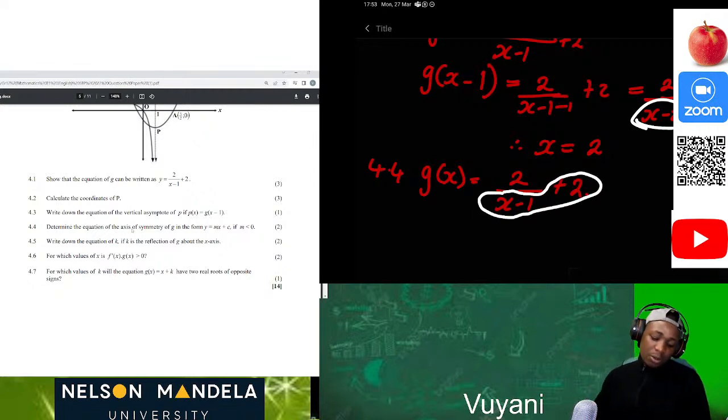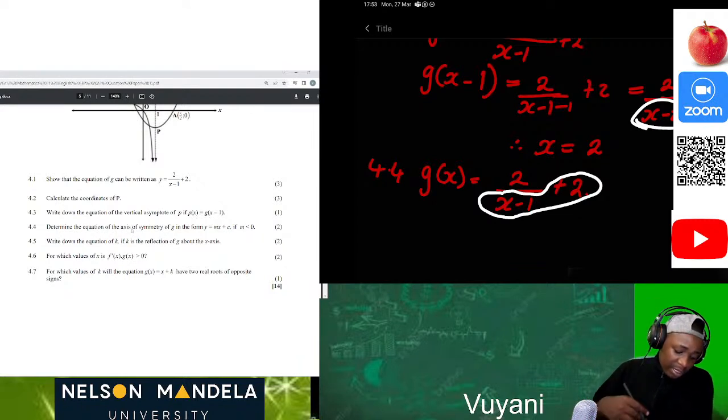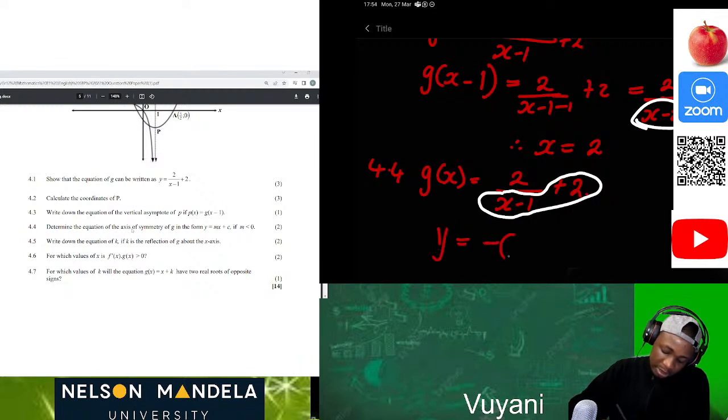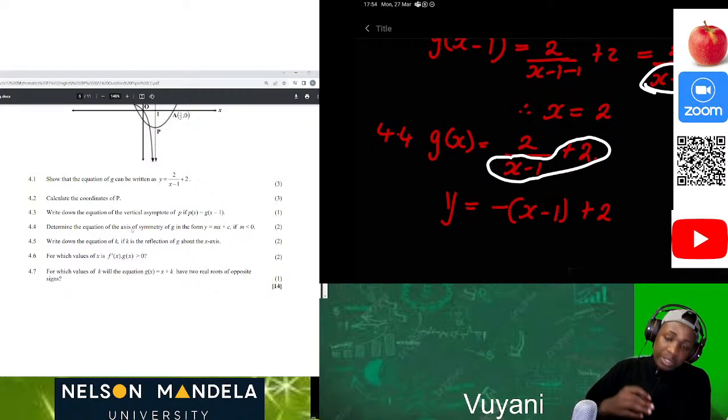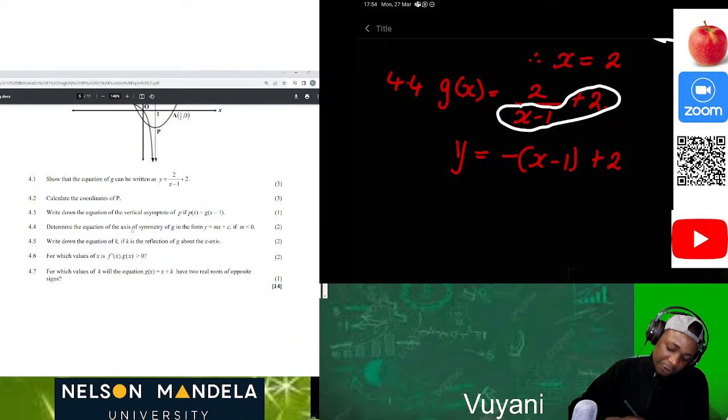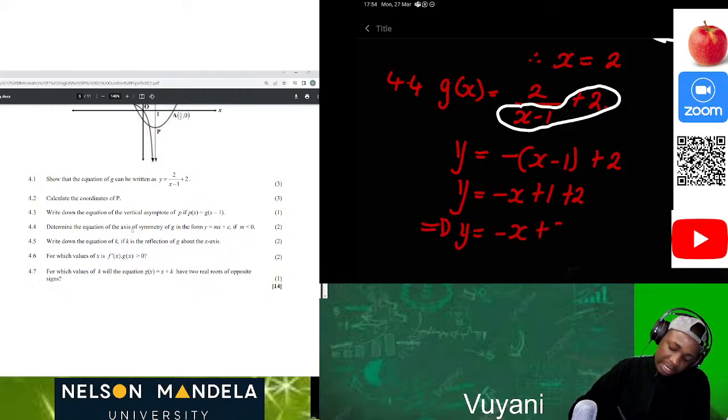Yes. So if it's now the negative 1, this is also easy, because we know that now it's going to be, let's write it down. It's going to be y equal to negative x minus 1 plus 2. So we just add a negative sign in front, then we can calculate the function. So y equal to negative x plus 1 plus 2, then y equal to negative x plus 3.